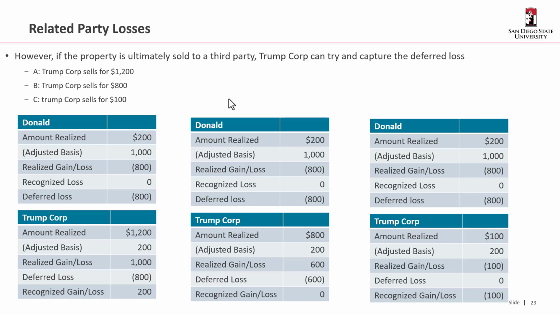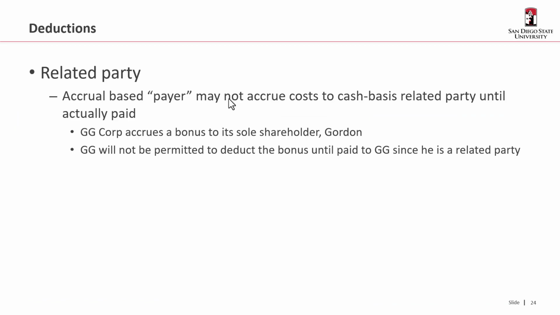So they end up with their own recognized loss of $100, but Donald's deferred loss of $800 evaporates and is gone. So you can see where related party transactions are subject to rules that disallow those losses for fear that maybe the transaction's not taking place, or it's income shifting, or, in this case, trying to create a recognition while not actually incurring the economic loss.